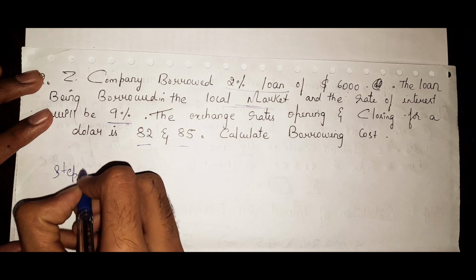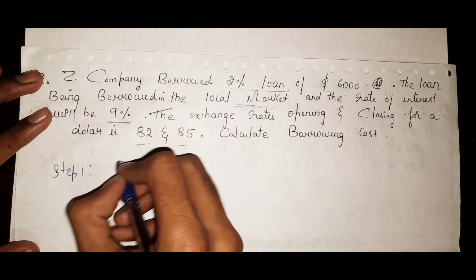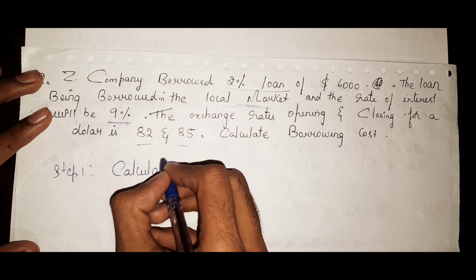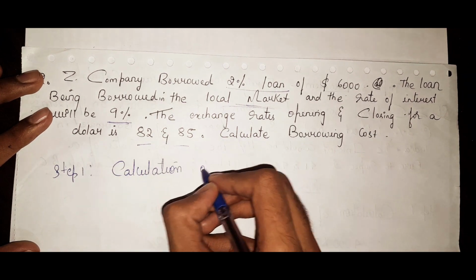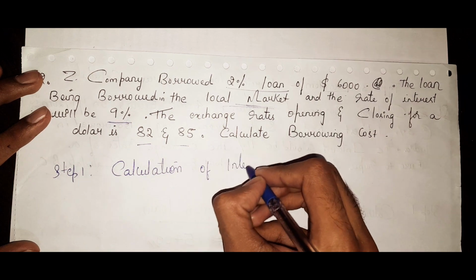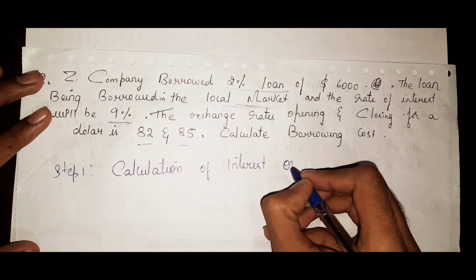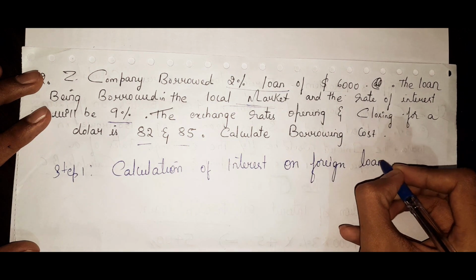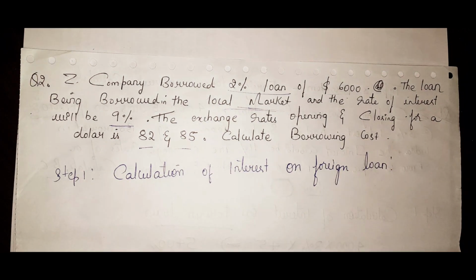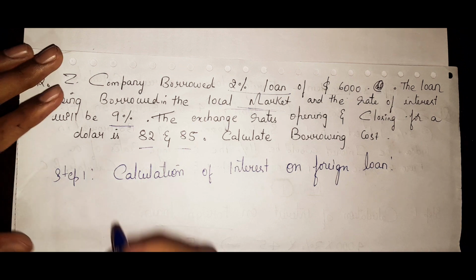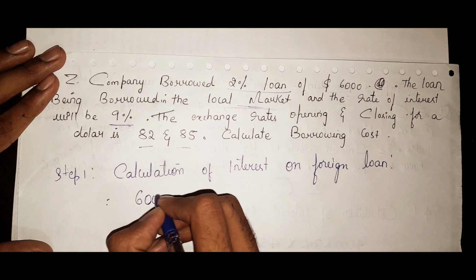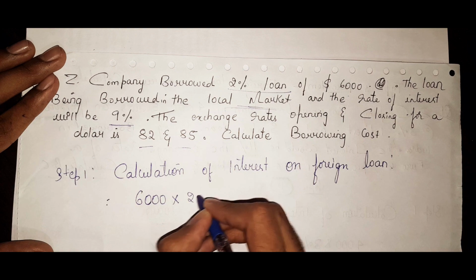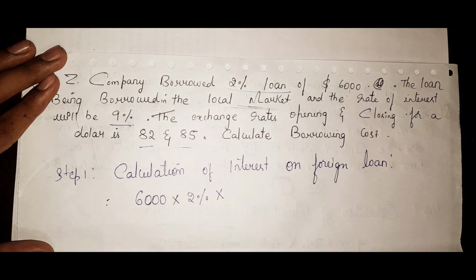As you all know, we have 5 steps. Step 1 is calculation of interest on foreign loans. So total we are taking $6,000 into 2% interest into closing amount.